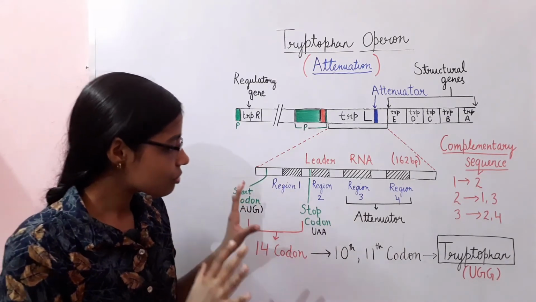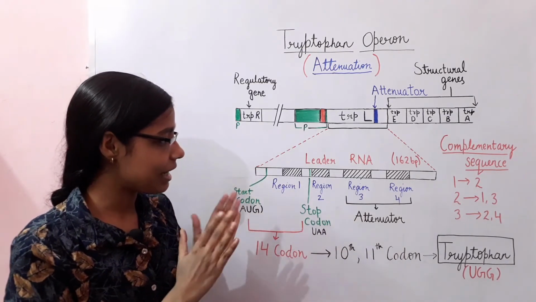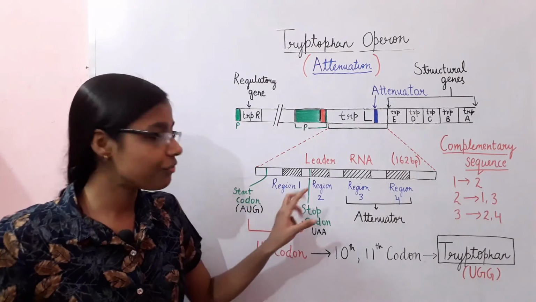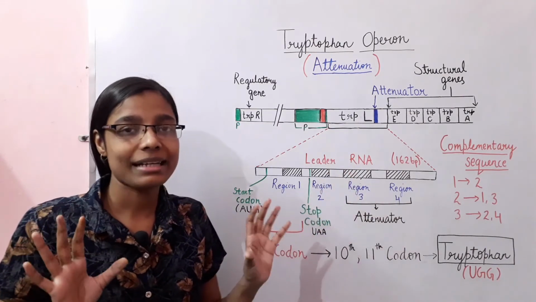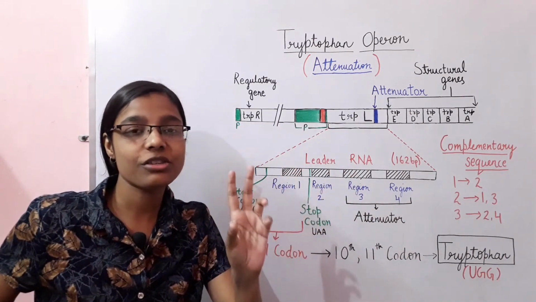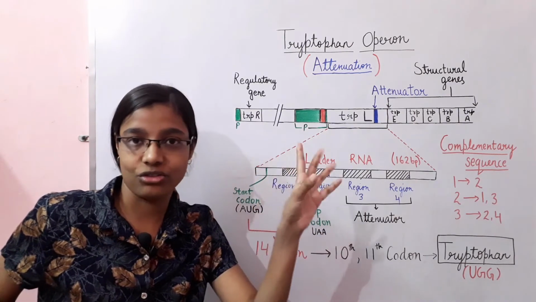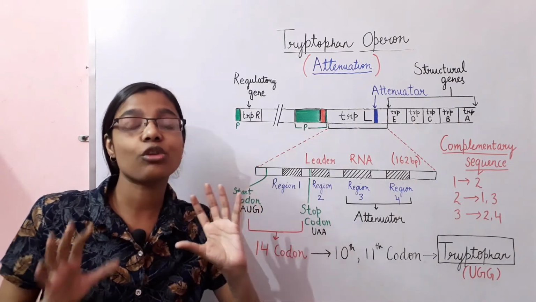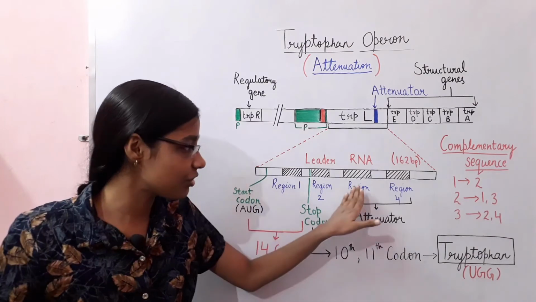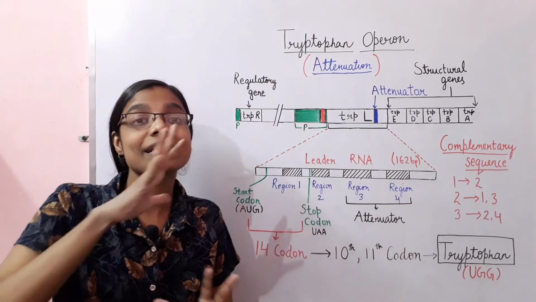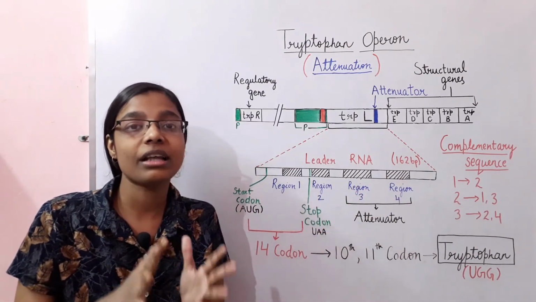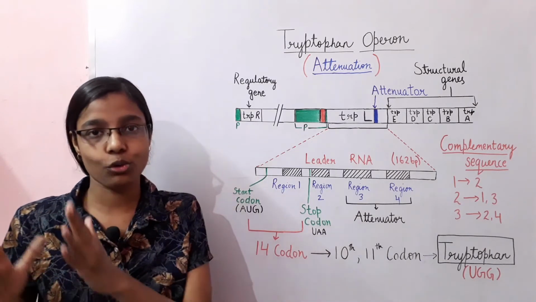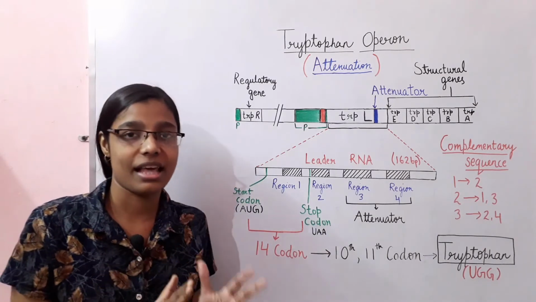So what is happening here: the formation of these loops, that is, the anti-terminator loop formed between regions 2 and 3, and the terminator loop formed between regions 3 and 4, depends upon the level of tryptophan present in the cell.